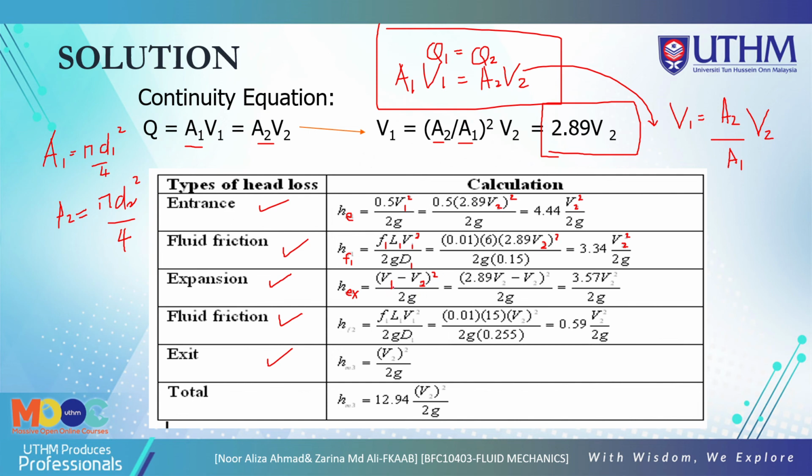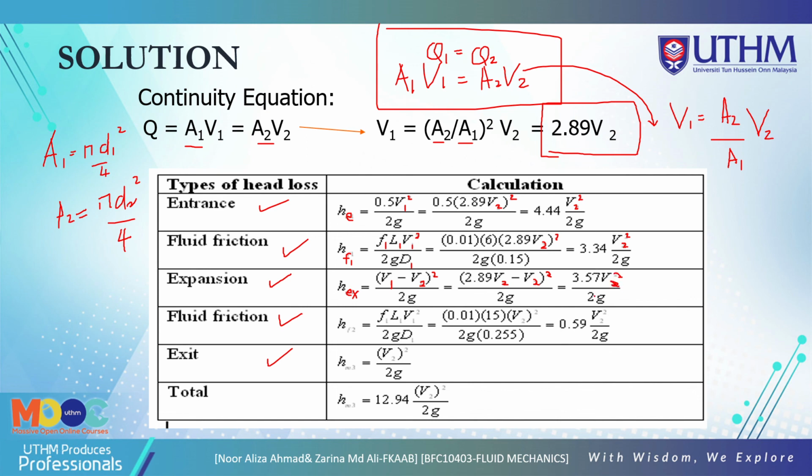This is the formula for sudden enlargement based on chapter 4. So V1 minus V2 squared over 2g, and you get the value here.